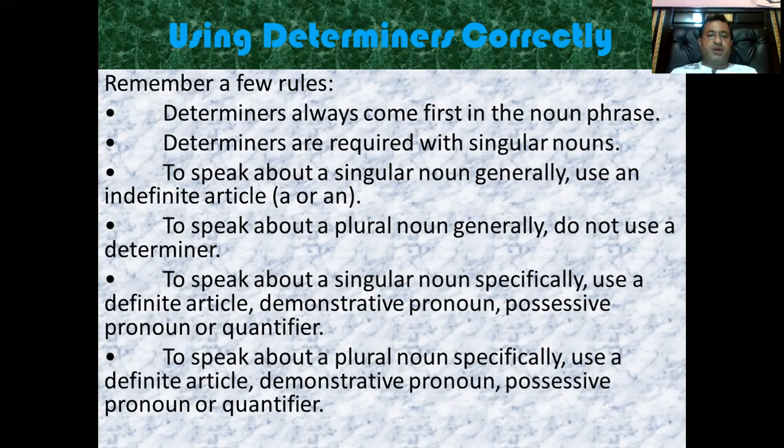And to speak about a singular noun specifically, use a definite article, a demonstrative pronoun, a possessive pronoun, or a quantifier. And to speak about a plural noun specifically, use a definite article, demonstrative pronoun, possessive pronoun, or quantifier. So these are some rules which you need to remember while using determiners correctly.